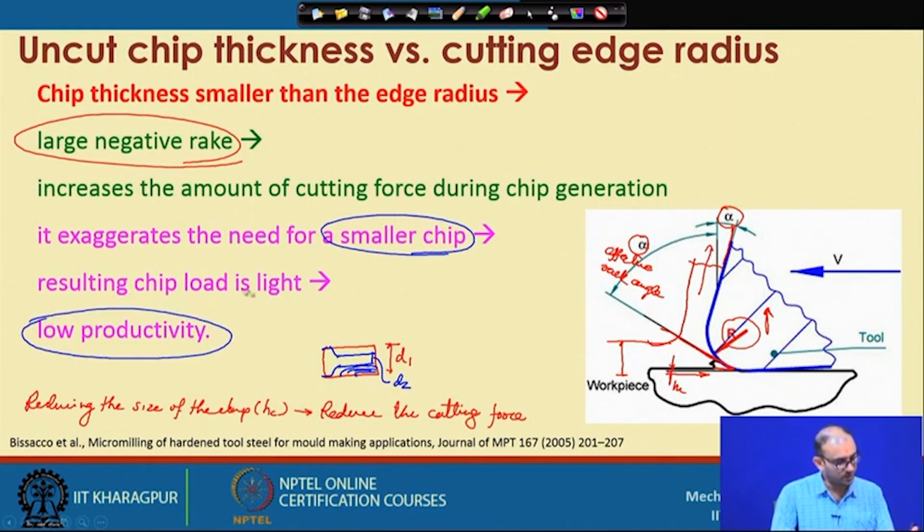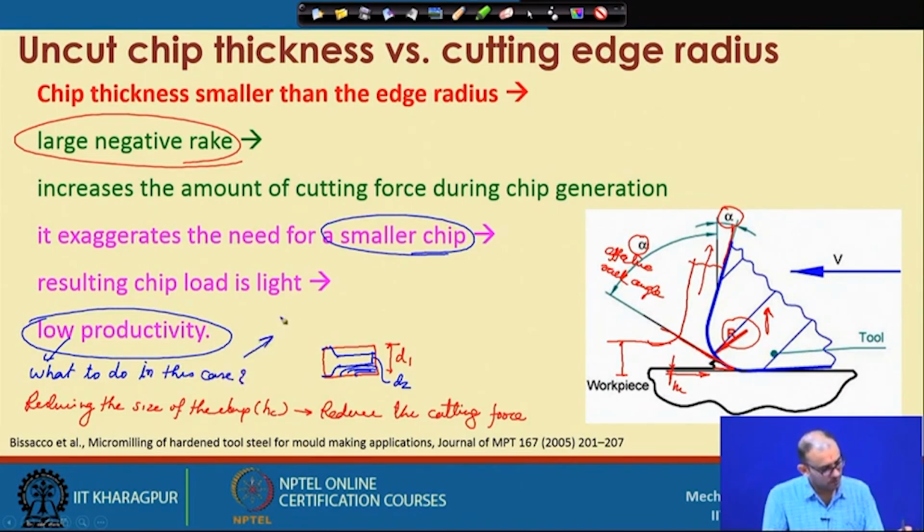So there is one way to counter this, that you have to increase the RPM. So what to do in this case? So here what we have to do, we need very high RPM, the rotation of the tool.